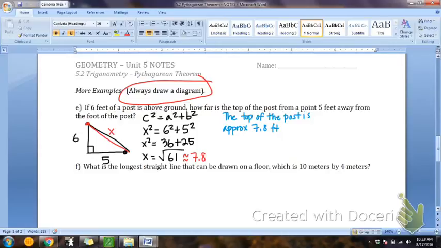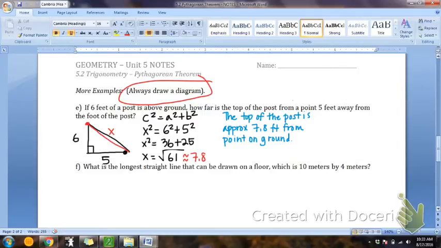From the point on the ground. This sentence is what will get you full credit. All right? So we're doing full sentences now in geometry because it's great that you can plug it in and find an answer, but do you know how to interpret your answer, what your answer means? Okay?